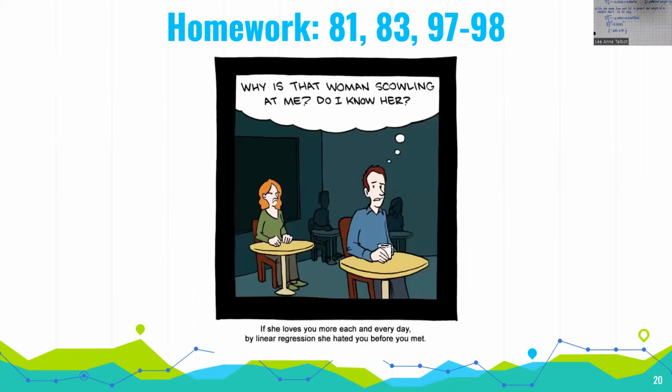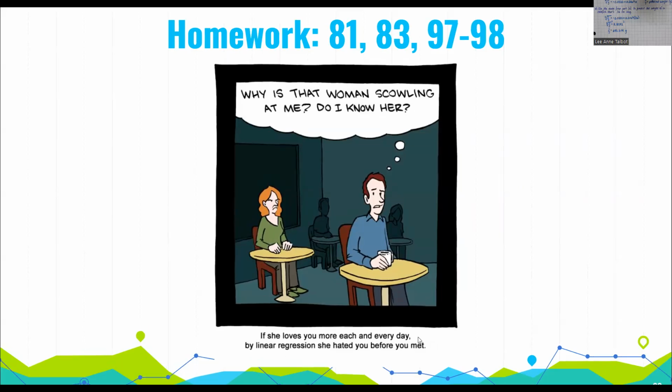Oh, you can't see this. Hold on, let me move the thing. Okay, it says, if she loves you more and more each day, then by linear regression, she hated you before you met. Like, loves you more and more each day, then before you met, she hated you more and more. Like, think of the line backwards. It's good. I'm in on the joke. It's a little cerebral, I understand, but it's very funny if you think about it.